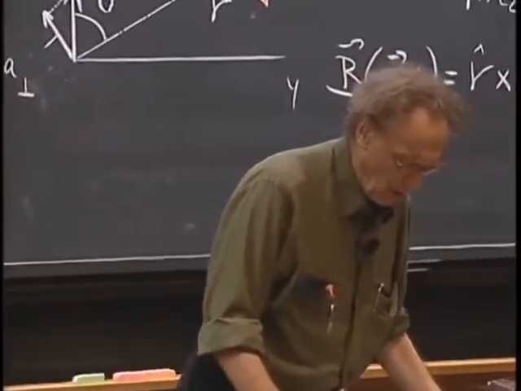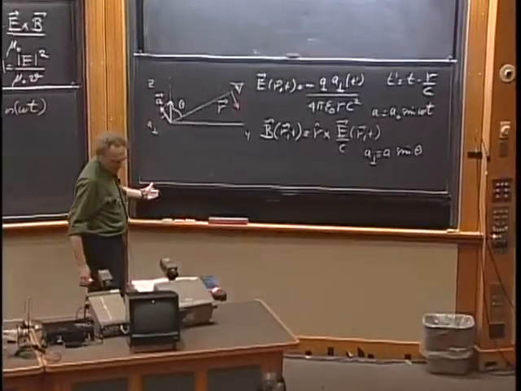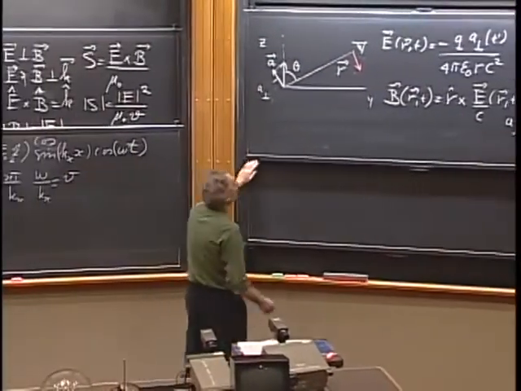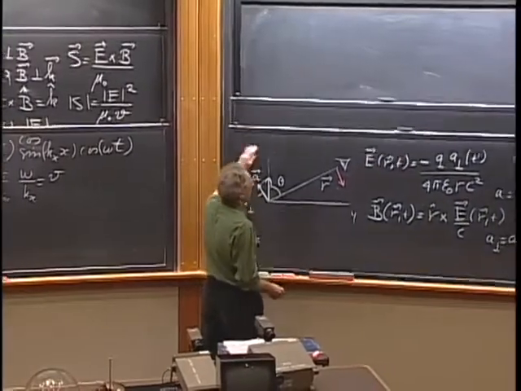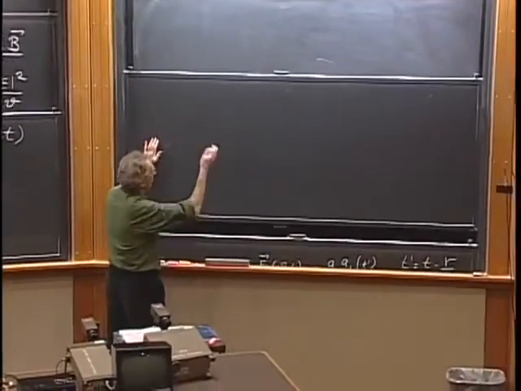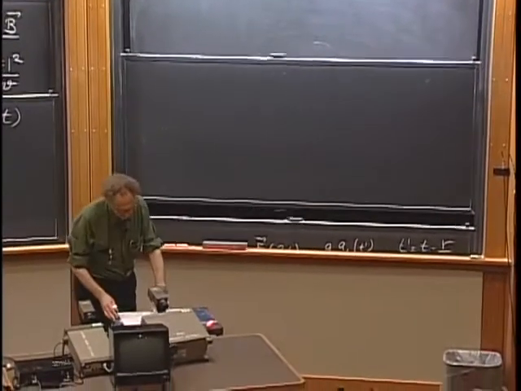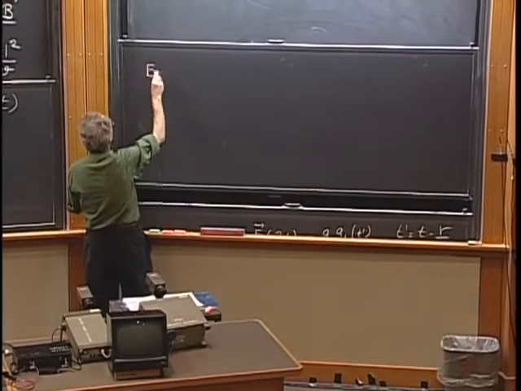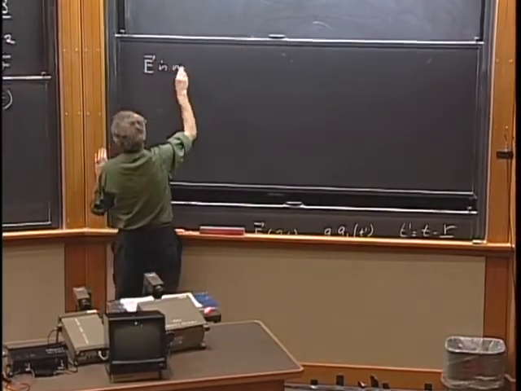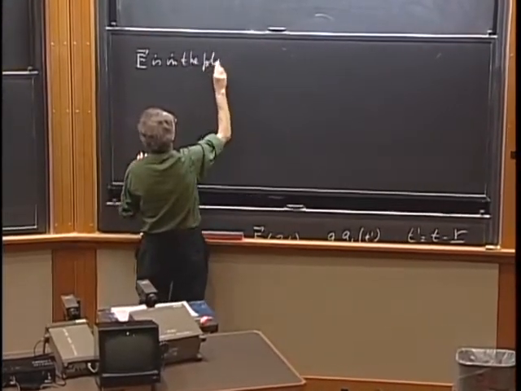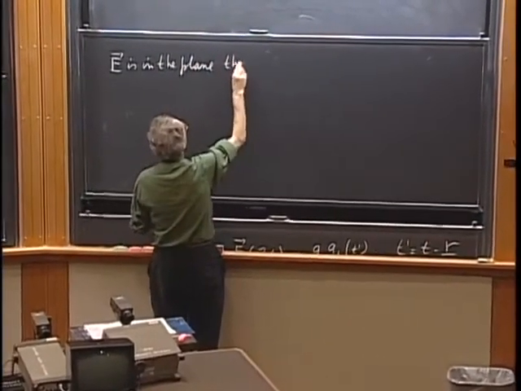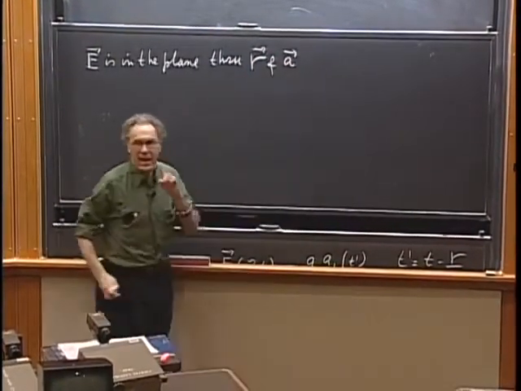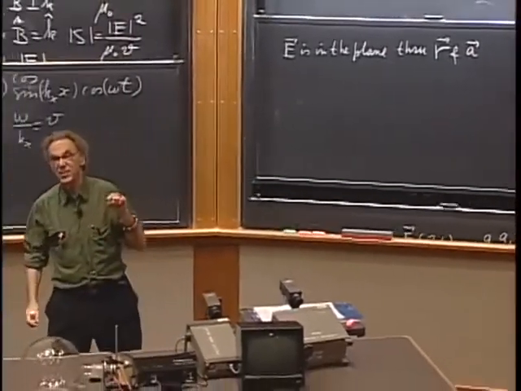I would like to summarize for you, in the same way that I did that here, what I would like you to remember. I will raise this later again, because I want to work at a height so that you can see what I'm doing. So a summary which is very good to remember is that E is in the plane through R and A. In the plane does not mean into the plane.